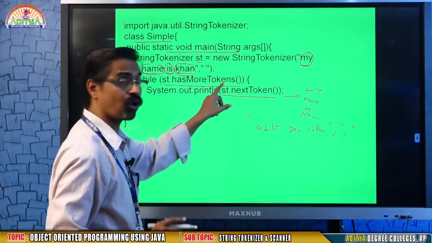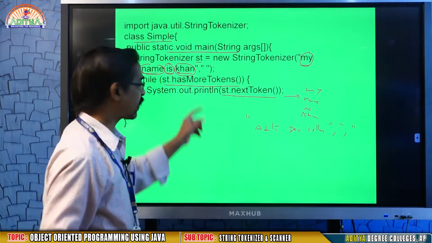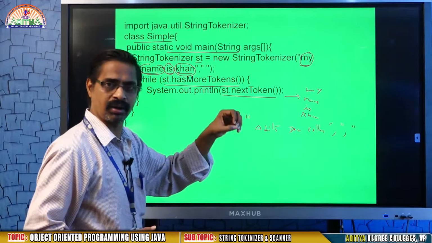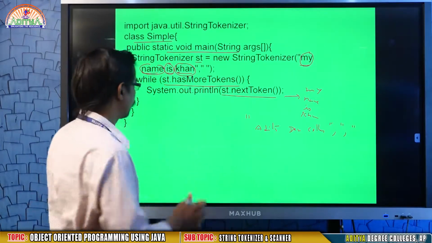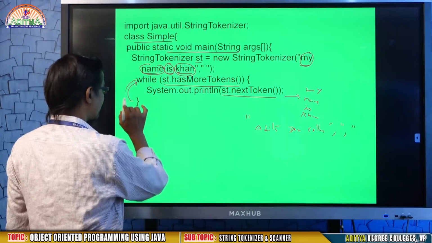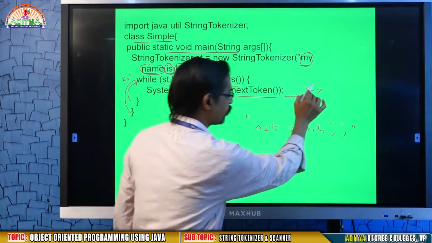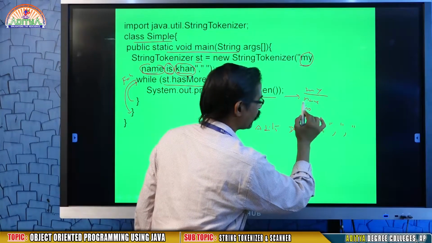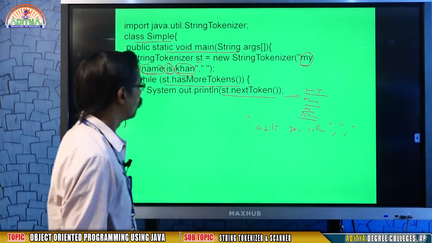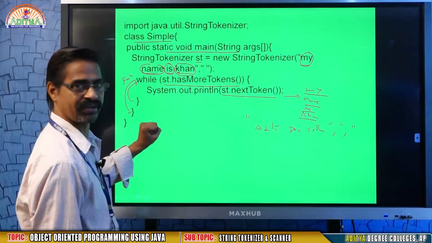ST dot has more tokens? No, because after "Khan" there were no other strings. So that condition is false, it will come down. So you get the output "my", "name", "is", "Khan", each as one word. So this is the concept of tokenizer.